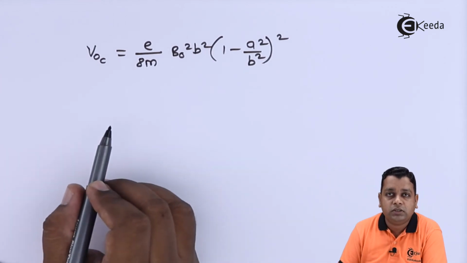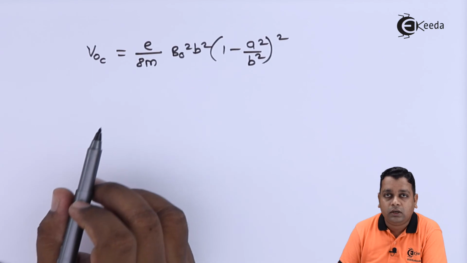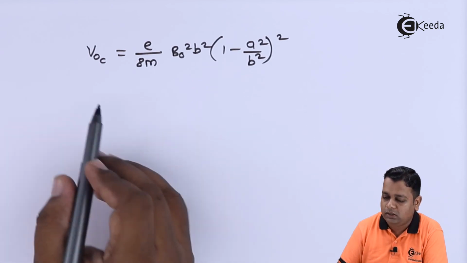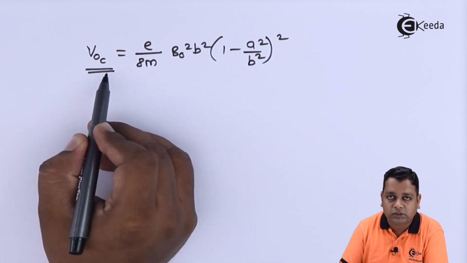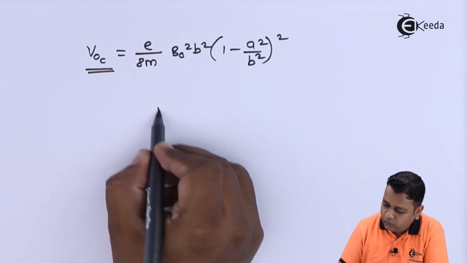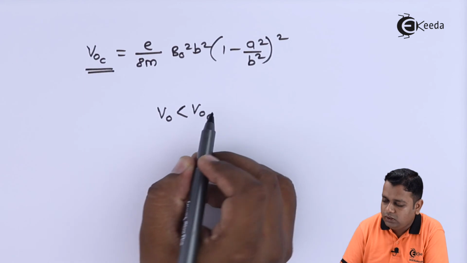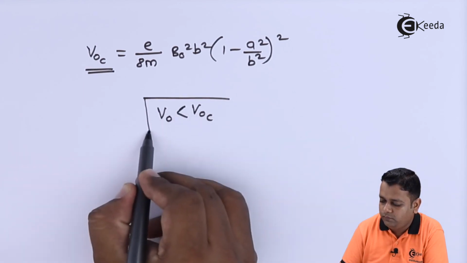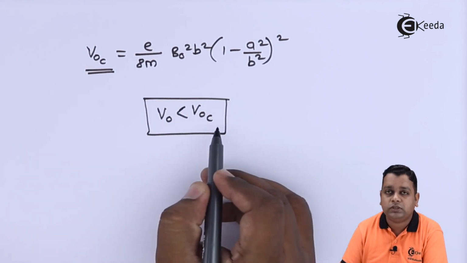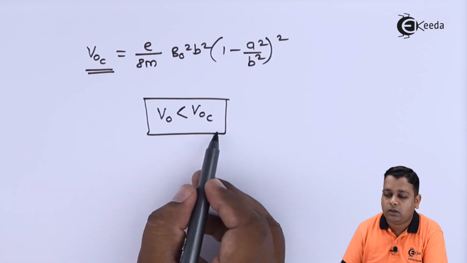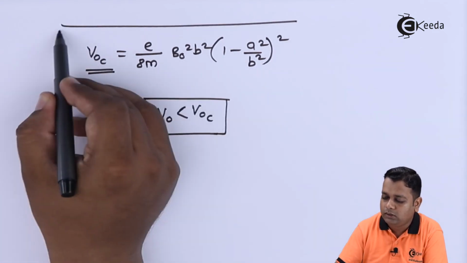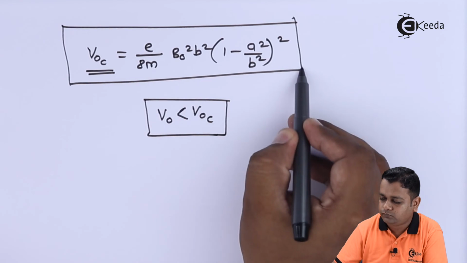Now the condition to be satisfied with respect to the cutoff potential is that V0 should always be less than V0 suffix C. So the potential should always be kept less than the cutoff potential given by this formulation.